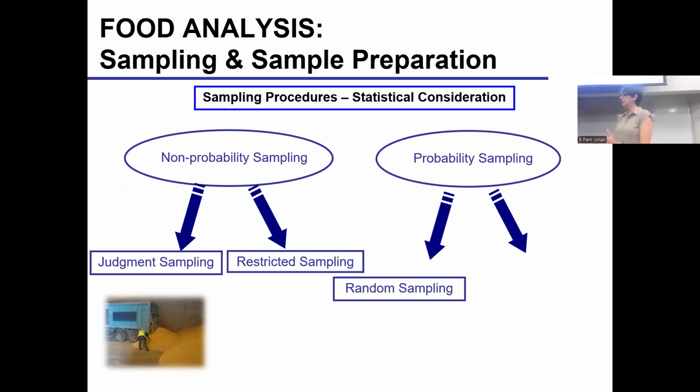Random sampling, like I said, with the example of the sacks of flour, or if you have a box of cans, then you would give them random numbers and select the numbers randomly. That's random sampling. This is the best way of sampling. And then there is systemic sampling that is mostly applied for online during processing sampling.